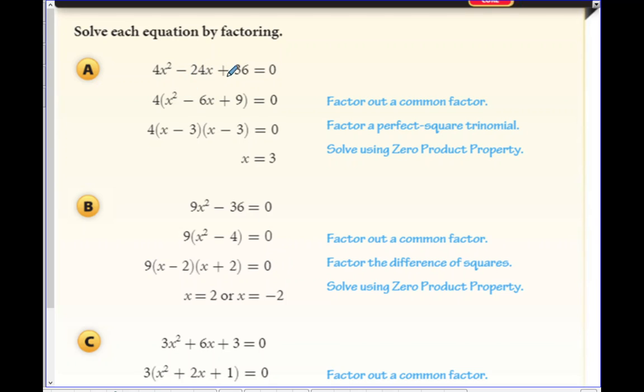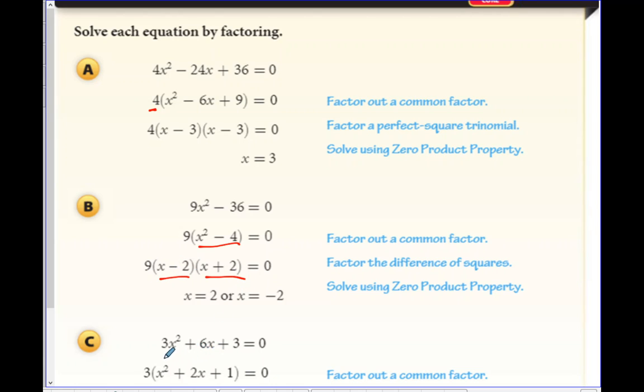So on this example here, notice they just factored out 4, just like you guys were doing before. And then they factored that into x minus 3, x minus 3. It's a perfect square trinomial. On this one, they were able to first factor out 9, and now you've got this difference of squares, so you know that's going to be x minus 2 and x plus 2.